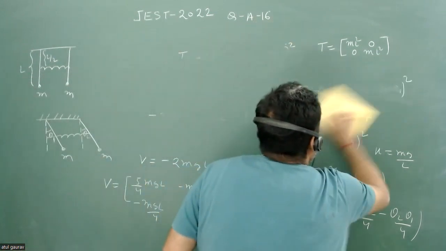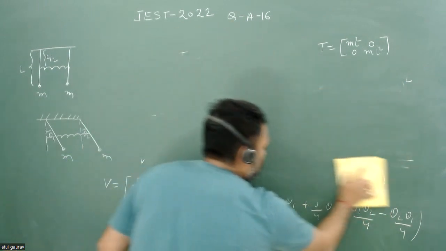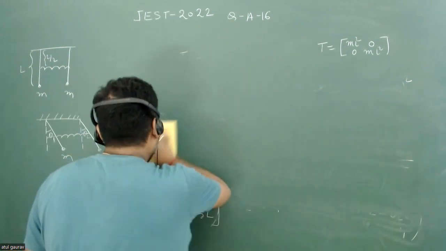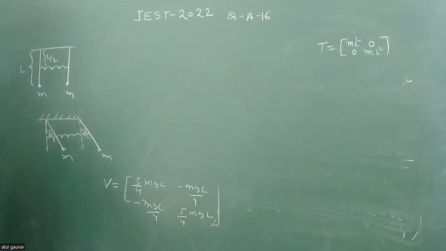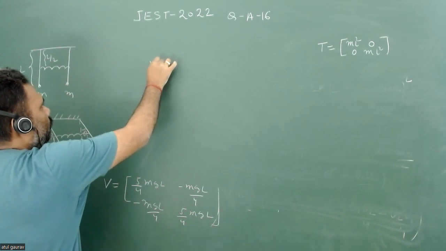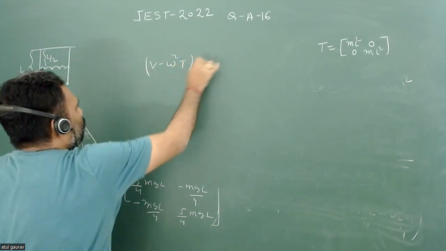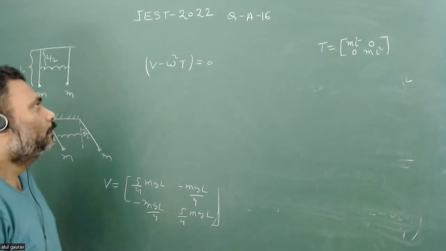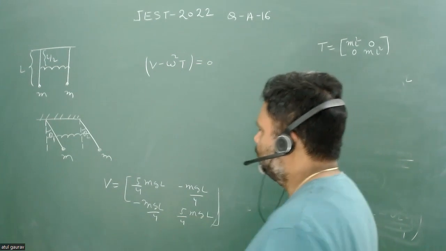I need this T there, so I will keep T here, and these other things are not important. So what is the secular equation? The secular equation is the determinant of V minus omega squared T must be equal to 0, and we have to solve this determinant. Then we can find the normal frequencies.